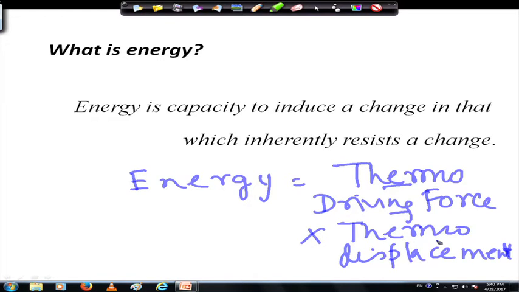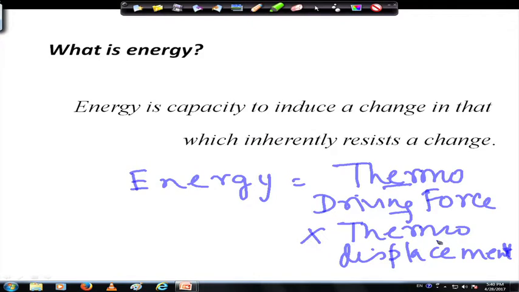The important part here is that the thermodynamic driving force and the thermodynamic displacement are not defined in the same way as they are defined in physics. For our case, both these properties are thermodynamic properties of the system. Usually, what do we find?